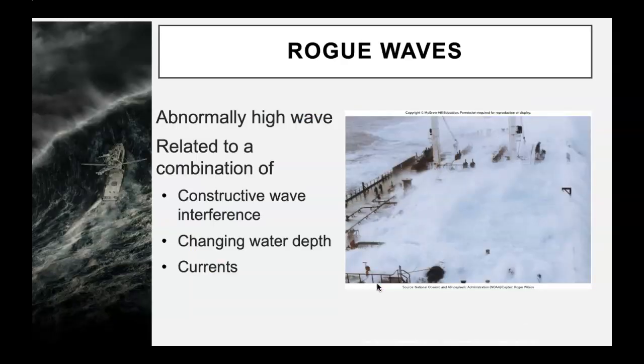There are waves in the sea called rogue waves, and they are unusually high. I recently read a book about rogue waves. I highly recommend it. It's about the science of rogue waves, but it's also about the history of rogue waves, and also about surfing.